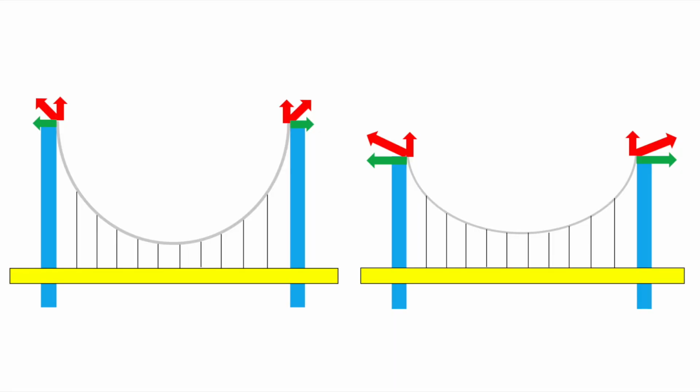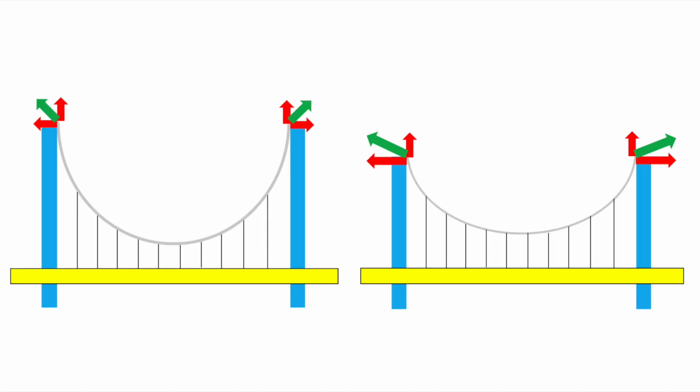So the vertical component will be the same. But now the angle at which the rope is, or the cable is coming in at, is different, and we're going to have a different horizontal component of that tension. And that horizontal component contributes to a lower overall tension in the higher bridge support than the lower bridge support.